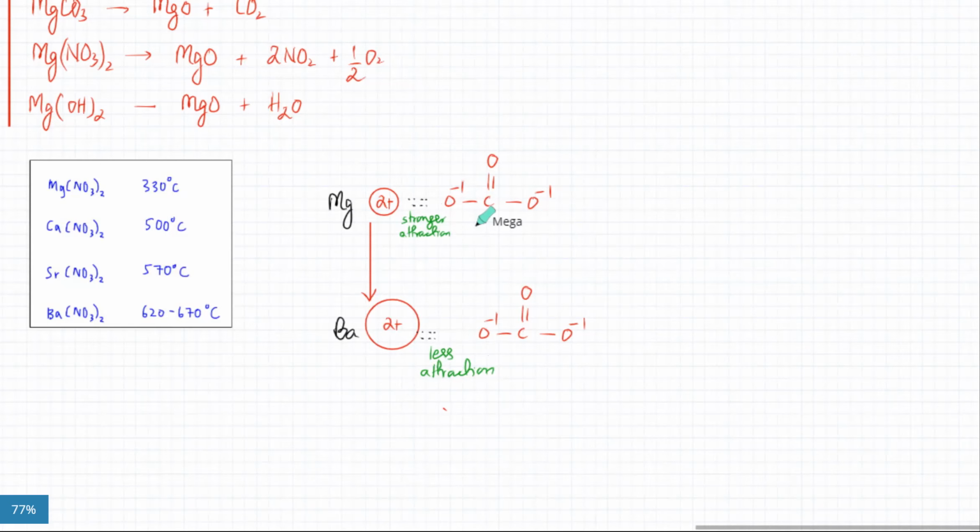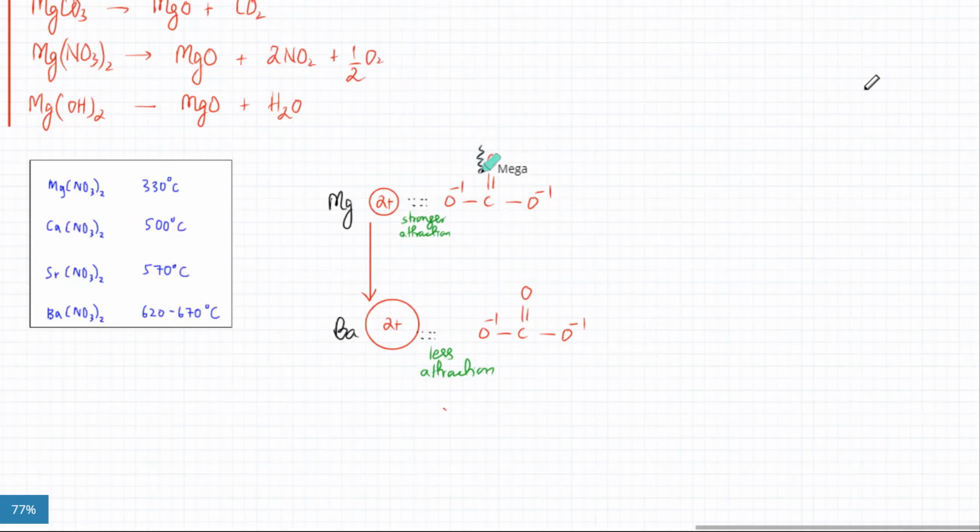Okay, so always remember that a smaller ion is going to have a much stronger attraction for the negative ion. With a bigger ion, the charge is more distributed, so the positive charge is not that effective in attracting the negative charge over here. So since the first one is going to have such a strong attraction, it will polarize the carbonate ion.